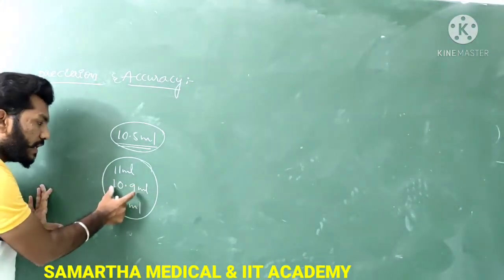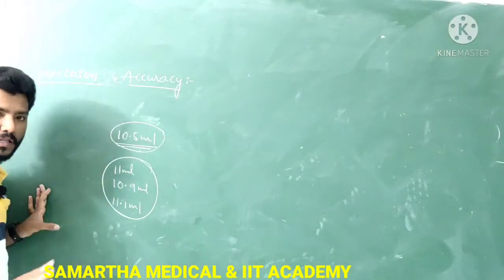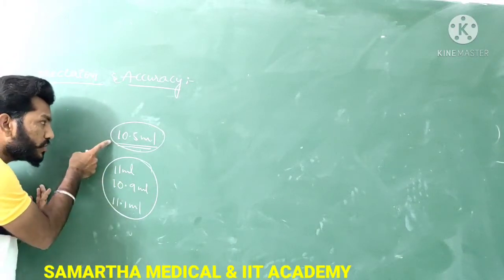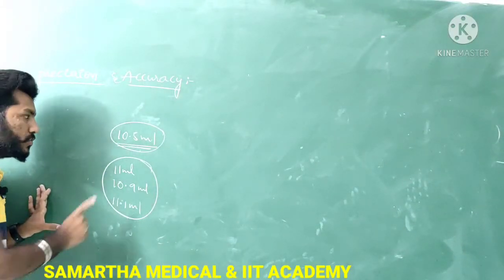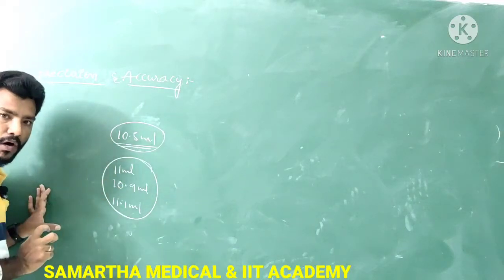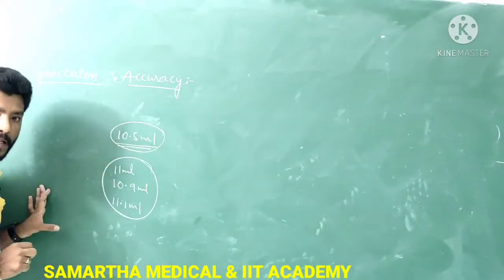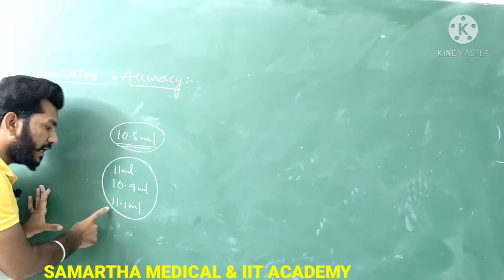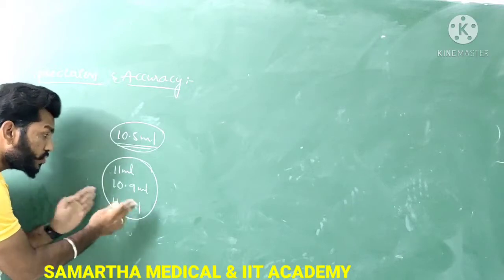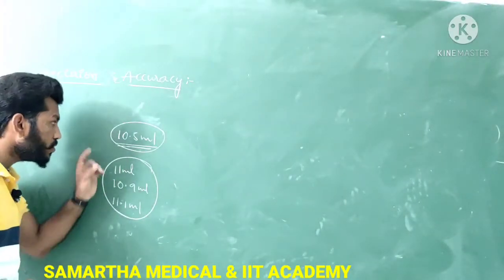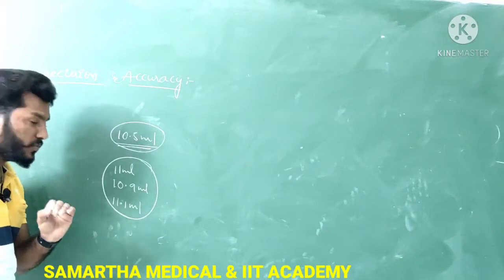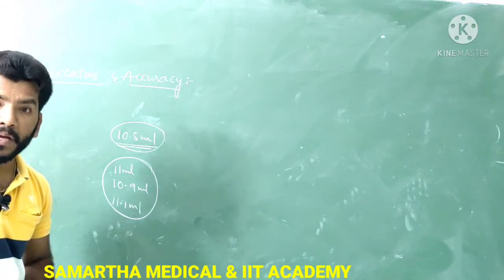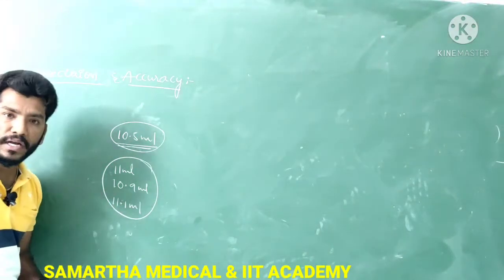These three values are close to one another, but they are not close to the true value. That's why these three values are considered precise values. It is not an accurate value.